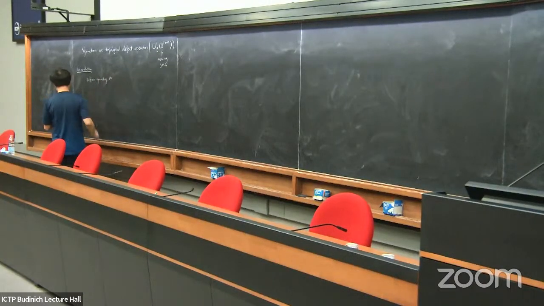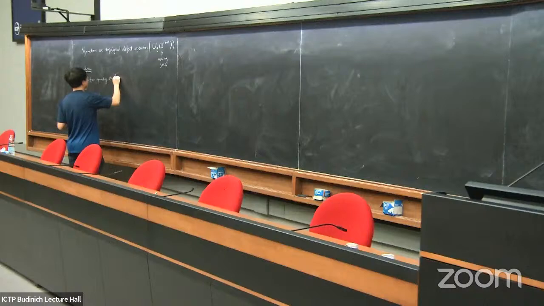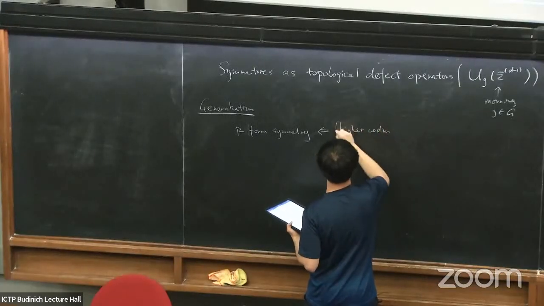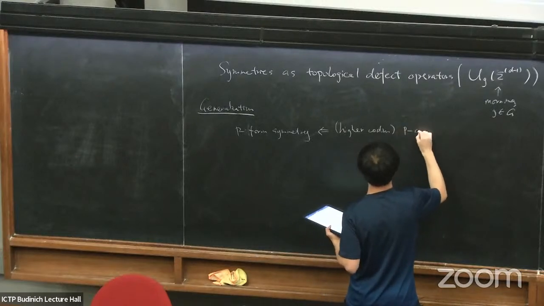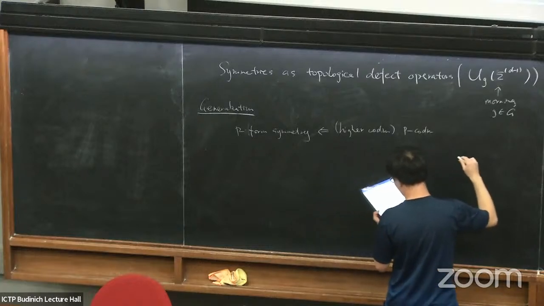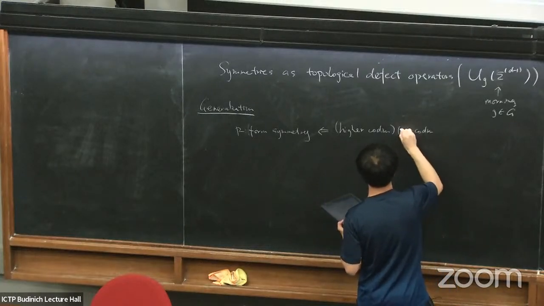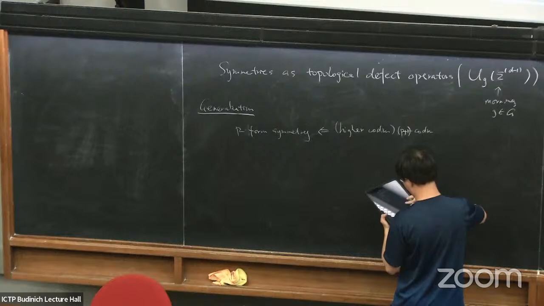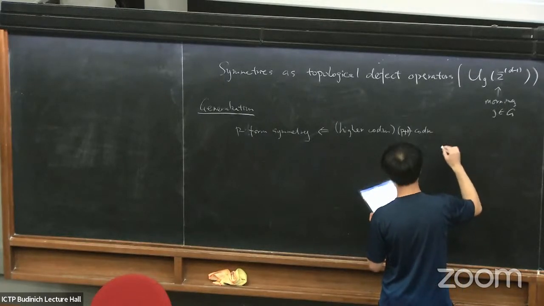And this is realized by a higher codimension, in other words, p codimension. Actually, in my notation, it will be the p plus 1 codimension topological defect.